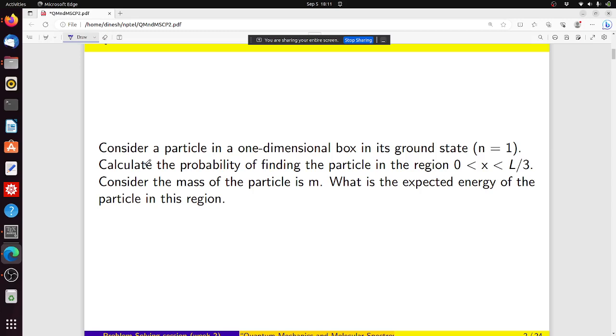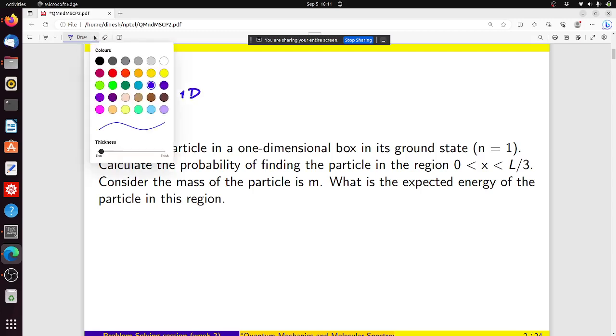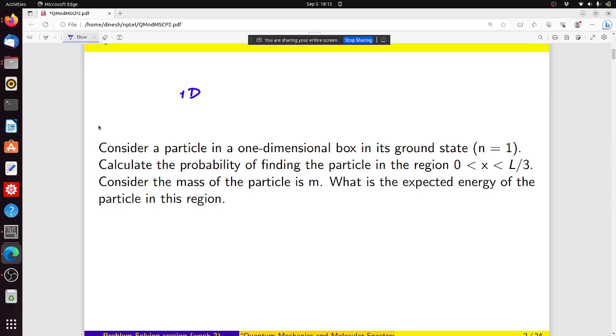So we are given a 1D box. Let's assume this is a 1D box. Our particle is trapped in this box.